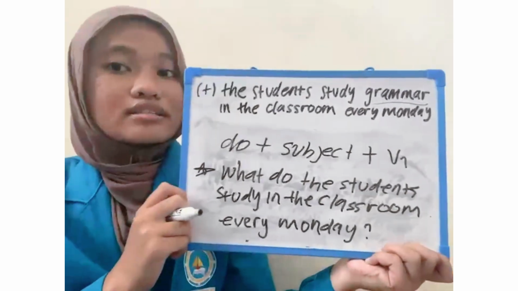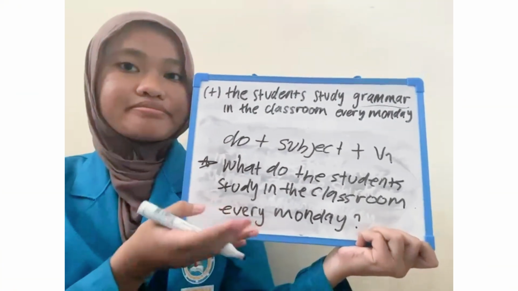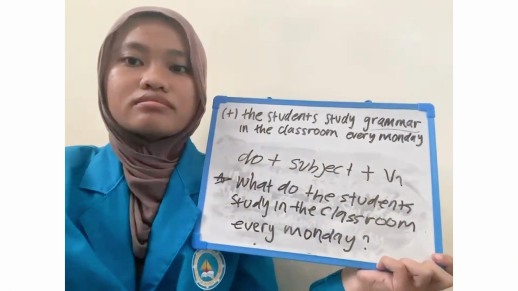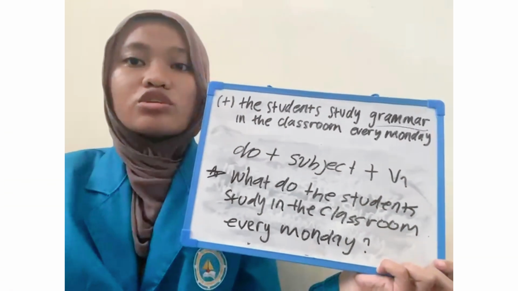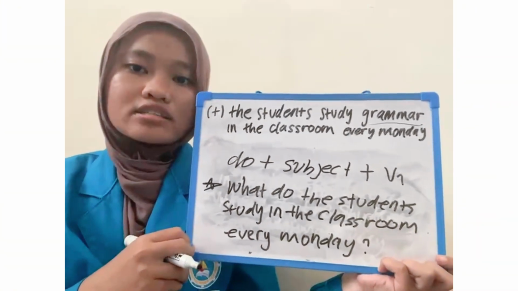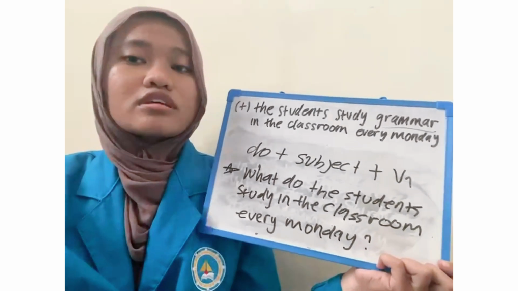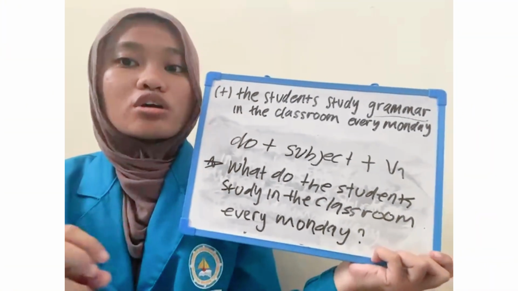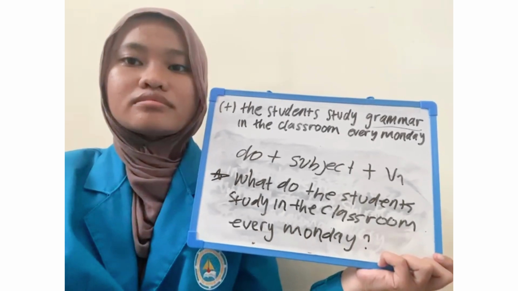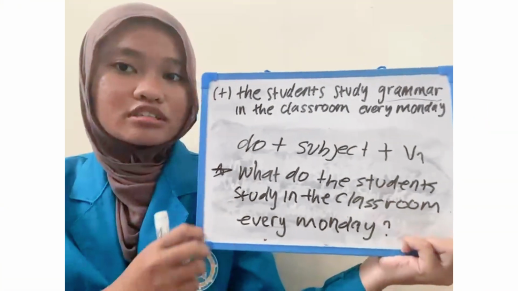Yes, this is the last from the sentence. So the key point is: in simple present tense we use verb 1 for plural subjects and verb s or es for singular subjects. For negative sentences and questions, we use do or does. And yeah, this is all my presentation.